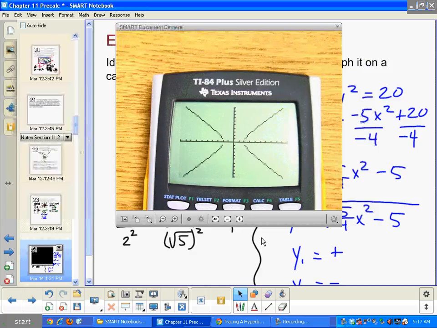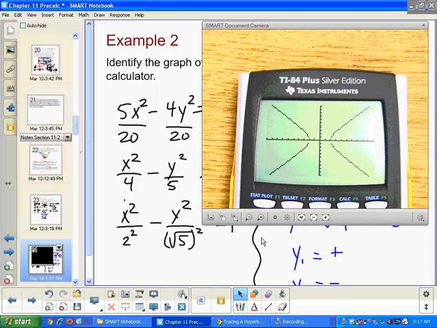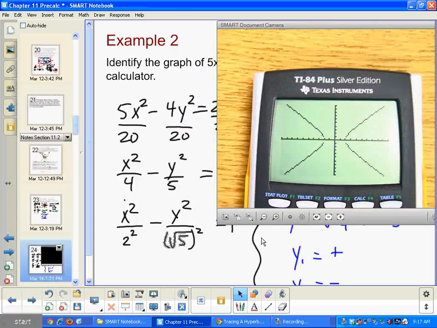And you can see that I have a hyperbola, and let's just find out if it's what we thought it would be. We have a hyperbola opening left and right, and we have it opening left and right because you got the negative y squared over 5 here.